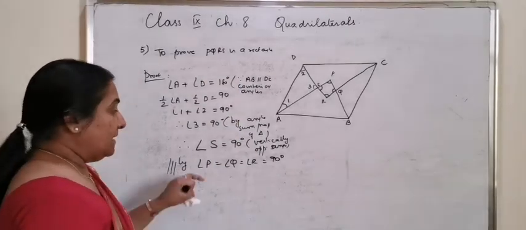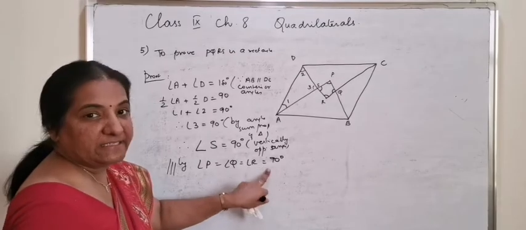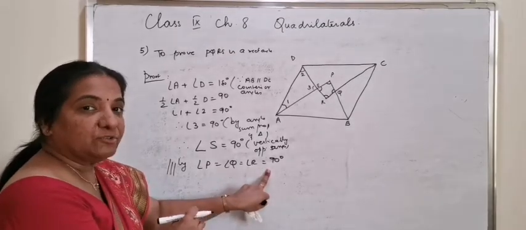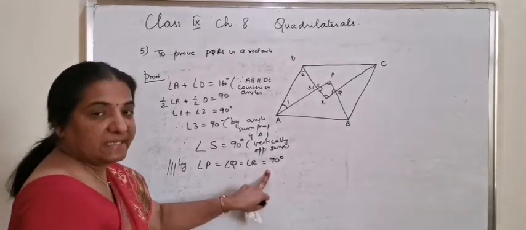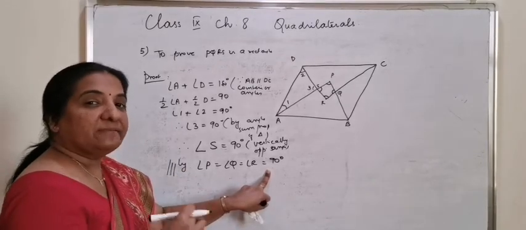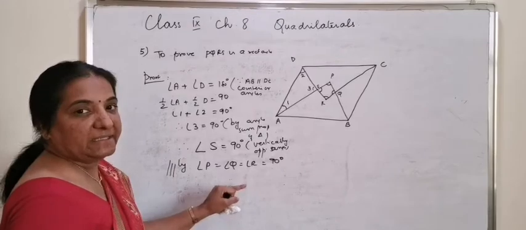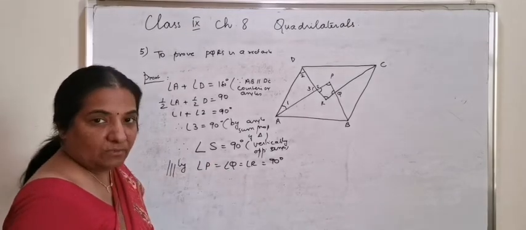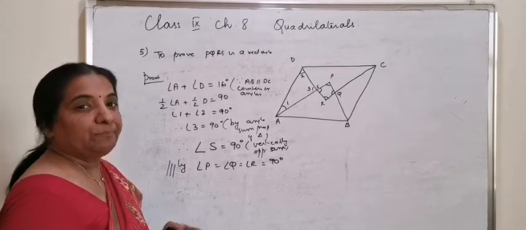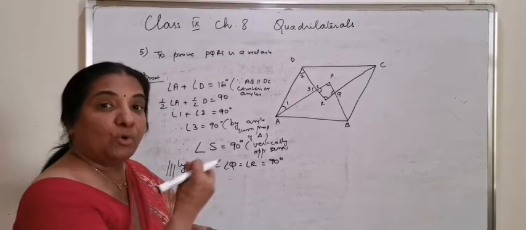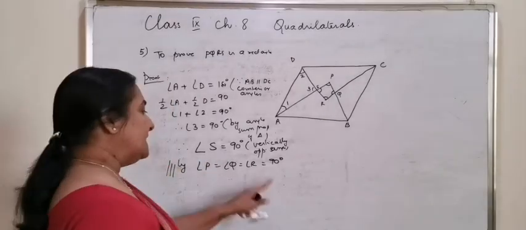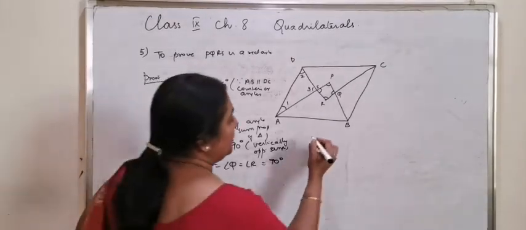And now this is not enough to prove that it is a rectangle. First we have to write that PQRS is a parallelogram, then with any one angle 90 degrees. How can we say that if all angles are equal, it is a parallelogram? Since both pairs of opposite angles are equal, how do you present?